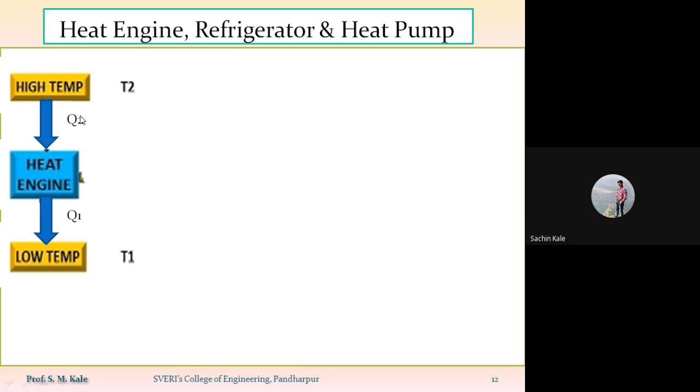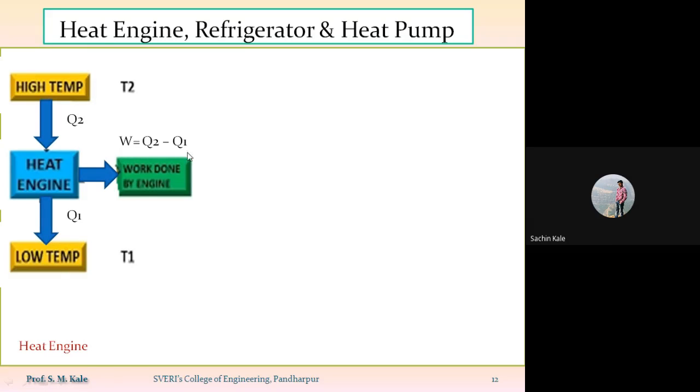That means as heat is transferred from high temperature region to low temperature region, there will always be production of work, and the work W will be equal to, cyclic integration of Q is equal to cyclic integration of W.